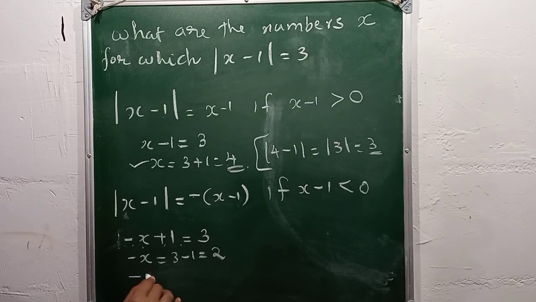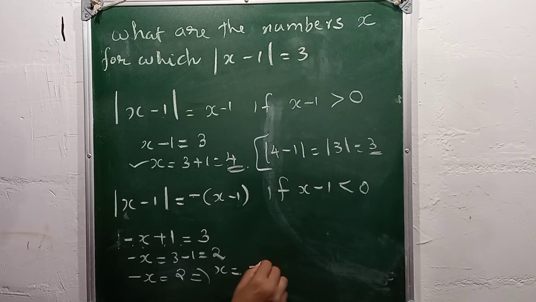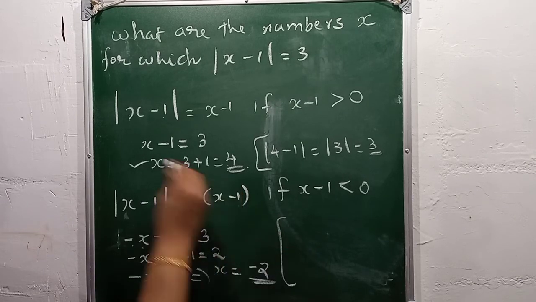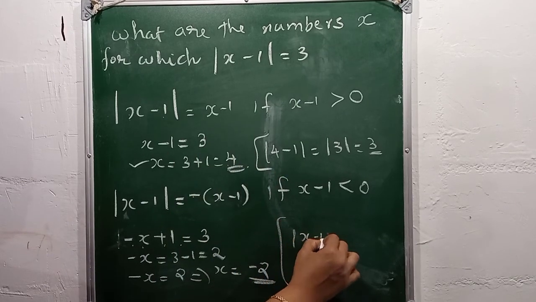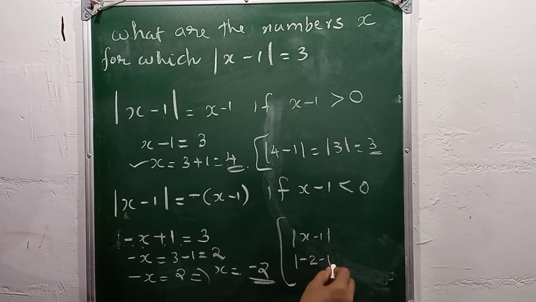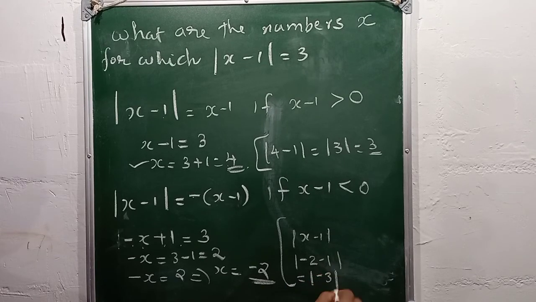Minus x is equal to 2, then x is equal to negative 2. We can check. What is modulus of x minus 1 if x is negative 2? That is minus 2 minus 1, which is minus 3. So mod negative 3 is equal to 3 itself.